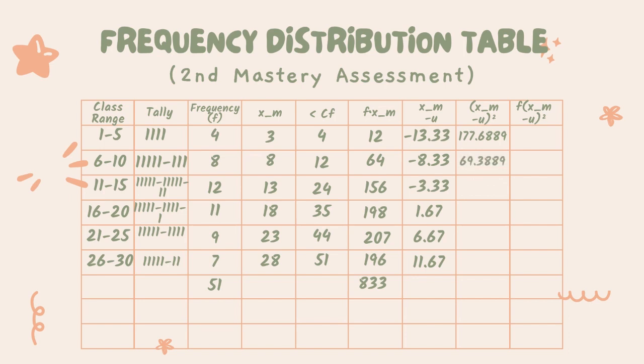Negative 3.33 is equal to 11.889. 1.67 is equal to 2.7889. 6.67 is equal to 44.4889. And lastly, 11.67 is equal to 136.1889.